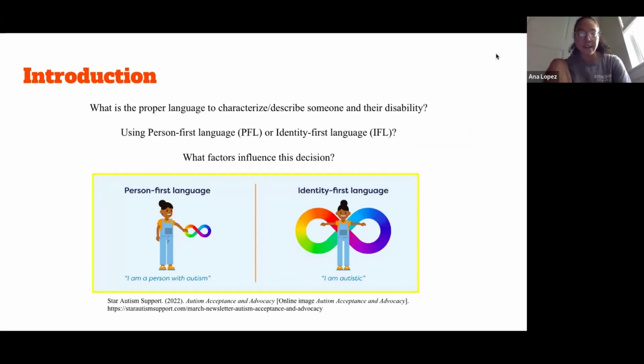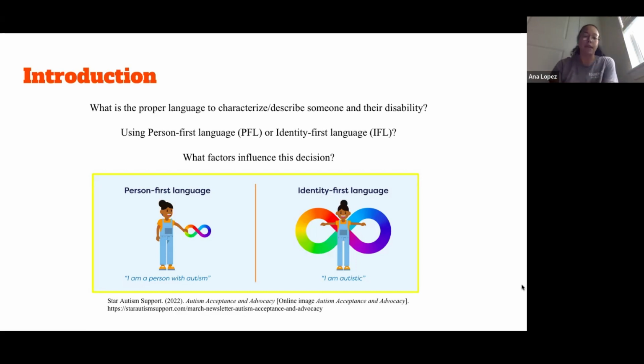So, an introduction. The language used to characterize disabilities as it relates to the individual has been a topic of discussion across the scientific community. There's a rise in research suggesting that members of the autism community have advocated for the use of identity first language, IFL, such as the term autistic, as opposed to person first language, PFL, such as the terms person with autism.